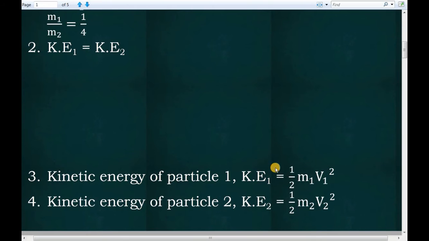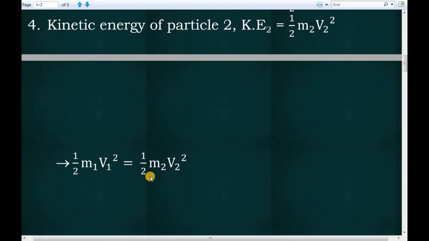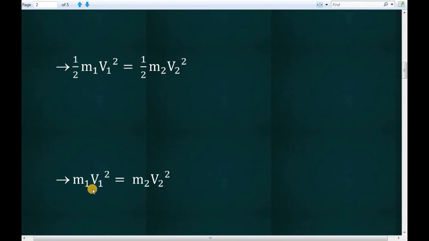By equating these two formulas, we get half m1 v1 square is equal to half m2 v2 square. Here half gets cancelled. So the next step will be m1 v1 square is equal to m2 v2 square. Now bring this m2 to the denominator of LHS and move this v1 square to the denominator of RHS.